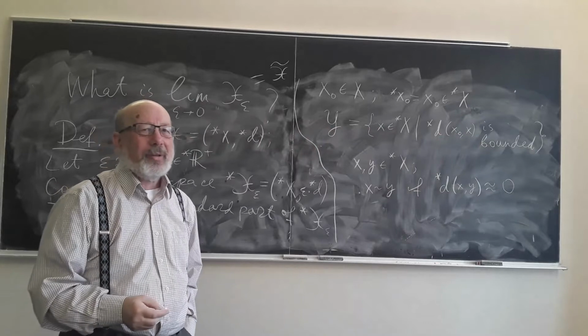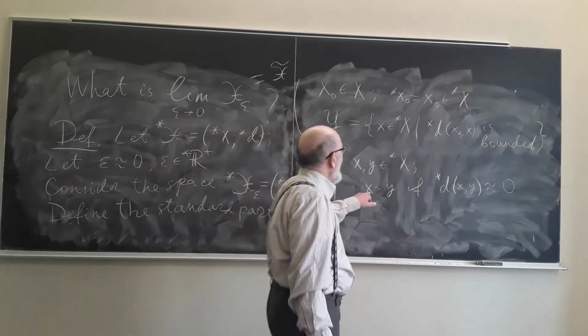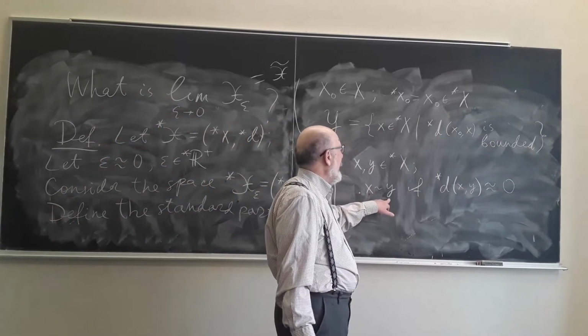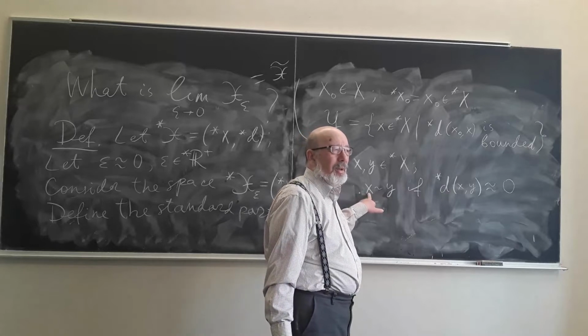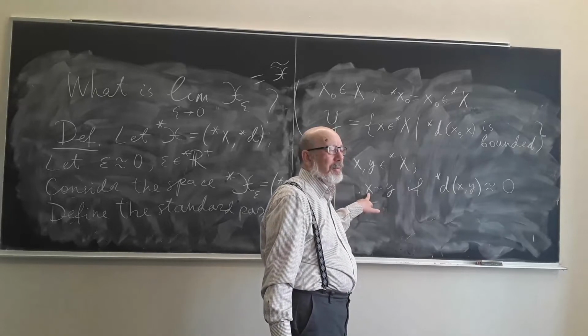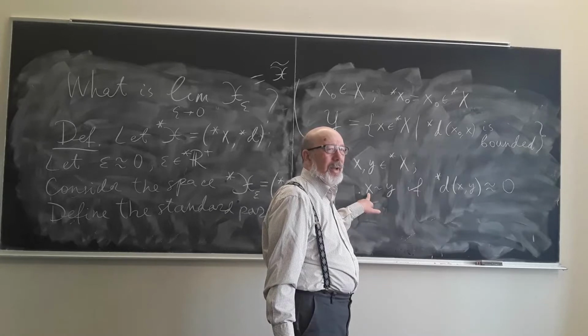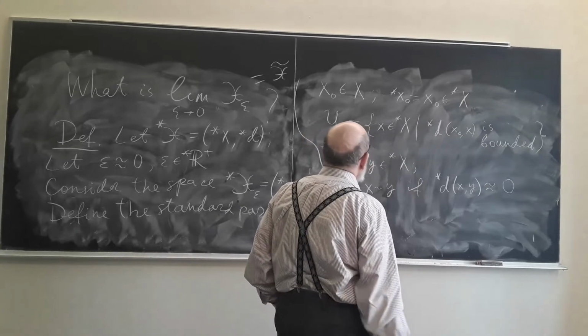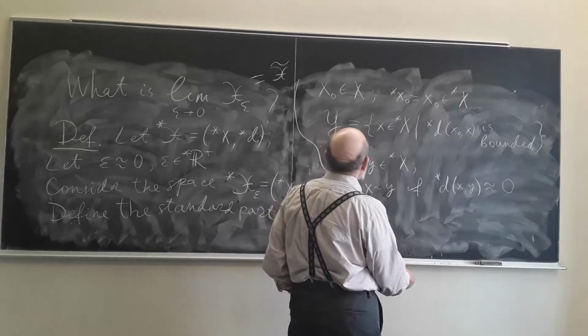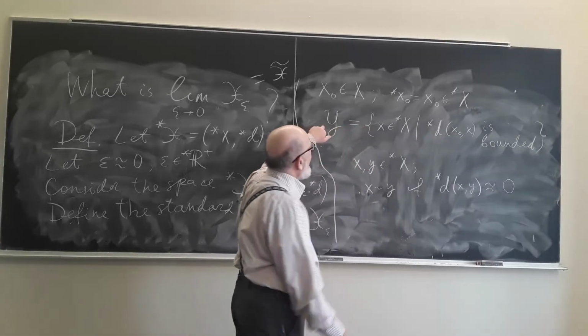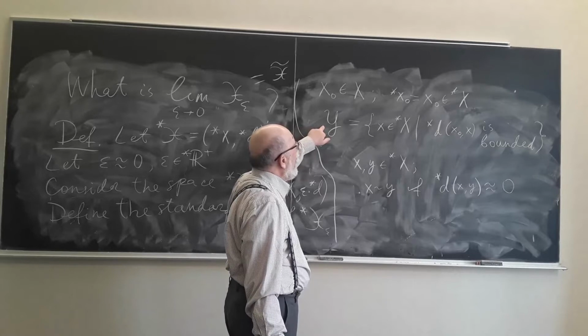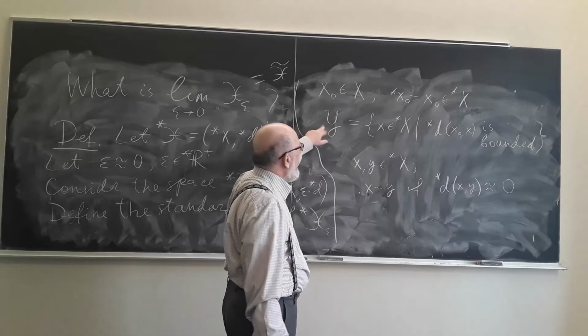So this is an equivalence relation. If we fix x, then y is in the monad of x. Yeah? And let us take y. Y is a metric space, a non-standard metric space.